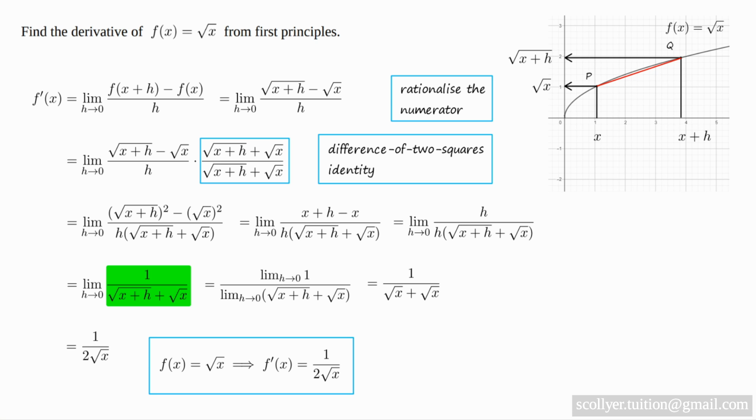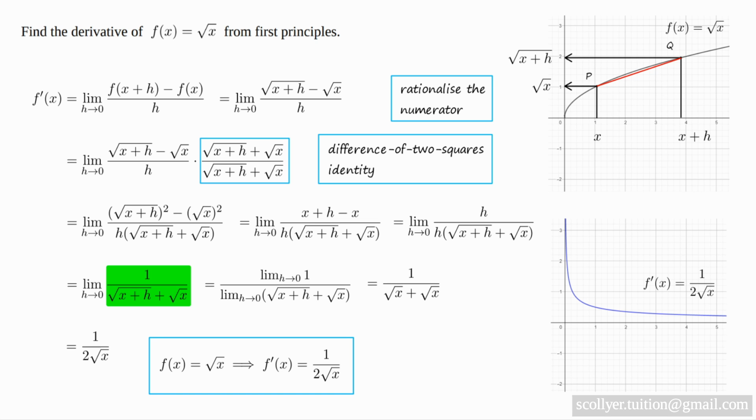And so we have that if f(x) = √x, then f'(x) = 1/(2√x). Here we have the graph of f'(x), and we note that f'(x) is positive for all x, which corresponds to the fact that f(x) is increasing for all x.